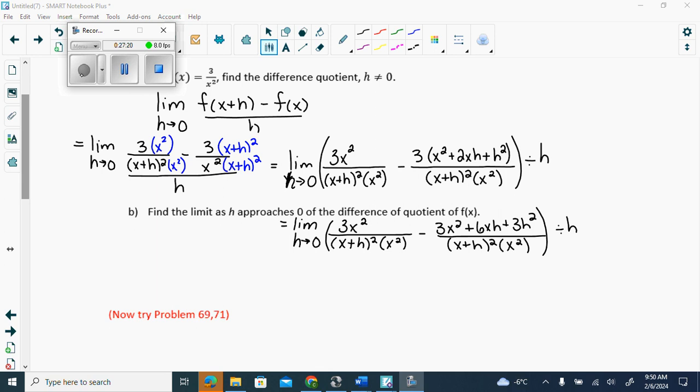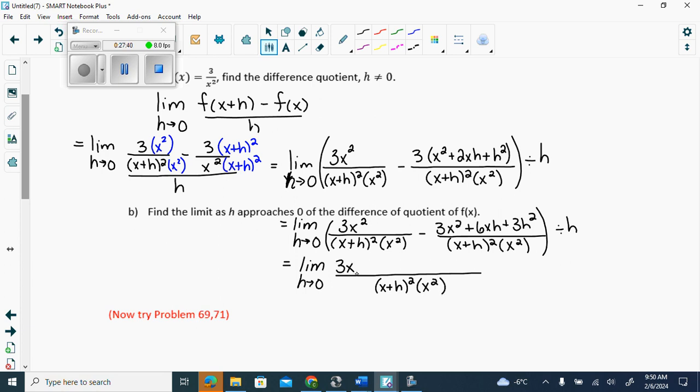And so x plus h squared, I have to expand out in the top to x squared plus 2xh plus h squared. Distributed that through. So then I have the limit. I have a common denominator, so I can actually do the math all on the top. So I get x plus h squared, x squared.